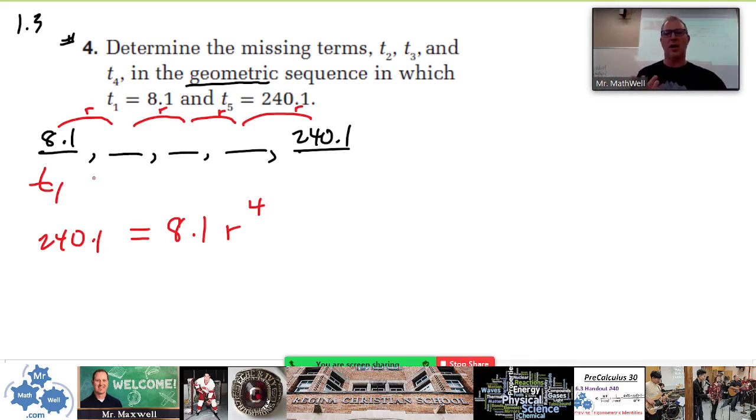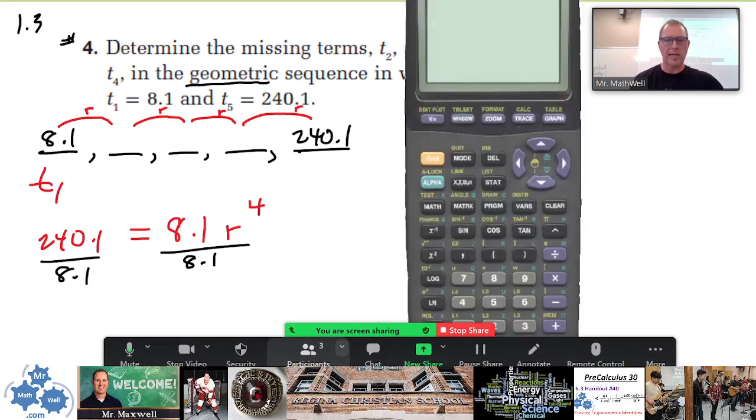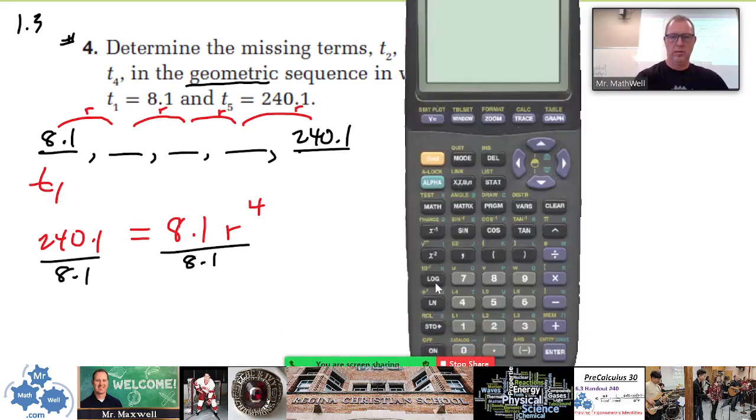Now, how does that help? Well, I have an equation, which is great. You can always solve for something in an equation, especially if you have only one unknown part. There you go. So let's solve for R. Well, let's divide both sides by 8.1. So on your calculators, turn that on. Let's clear that.